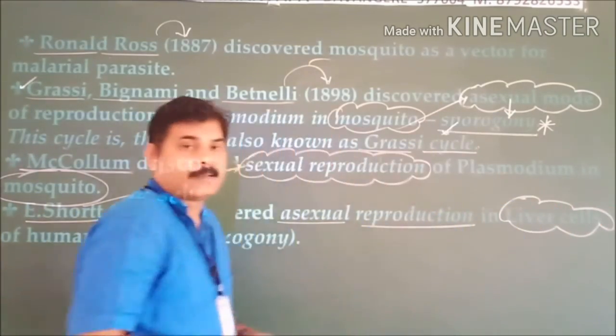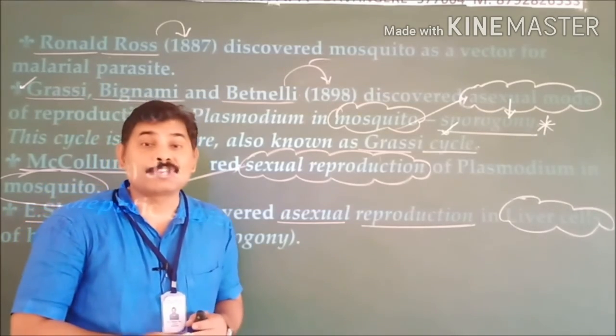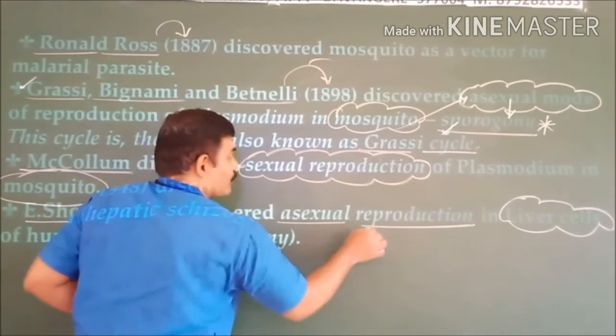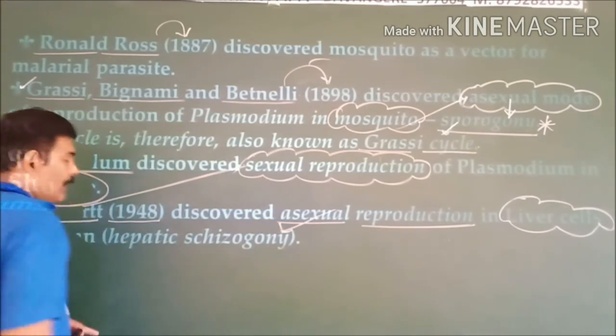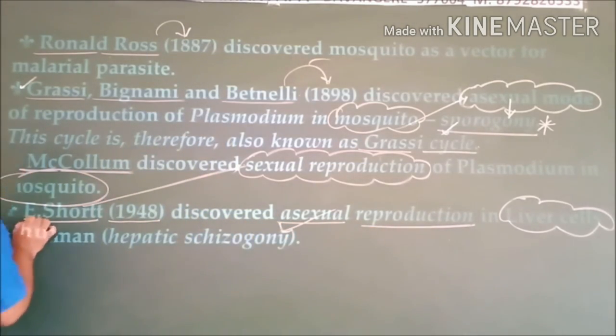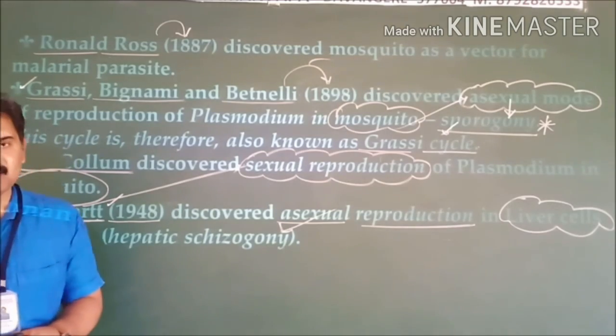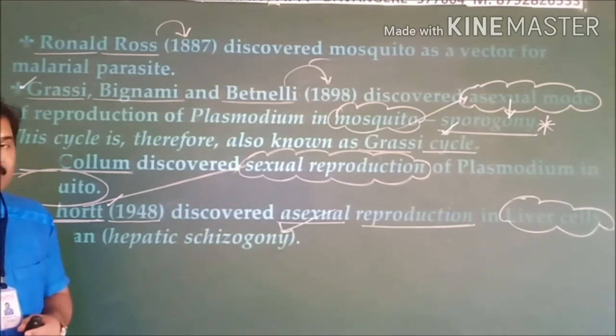This is known as hepatic schizogony. This cycle is known as hepatic schizogony. It was discovered by another scientist, and it took place in the year 1948. So this was the discovery related to this year.